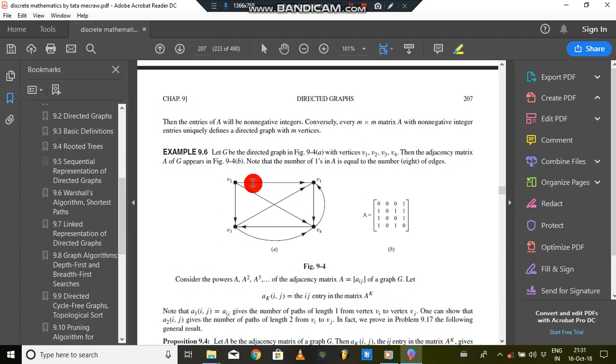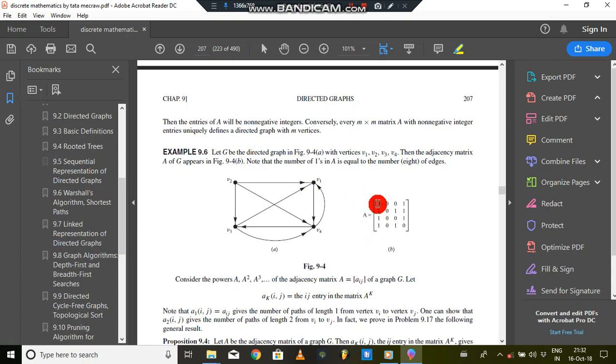So how can we represent this graph in a matrix? Write the four nodes v1, v2, v3 and v4 as rows, and again as columns.